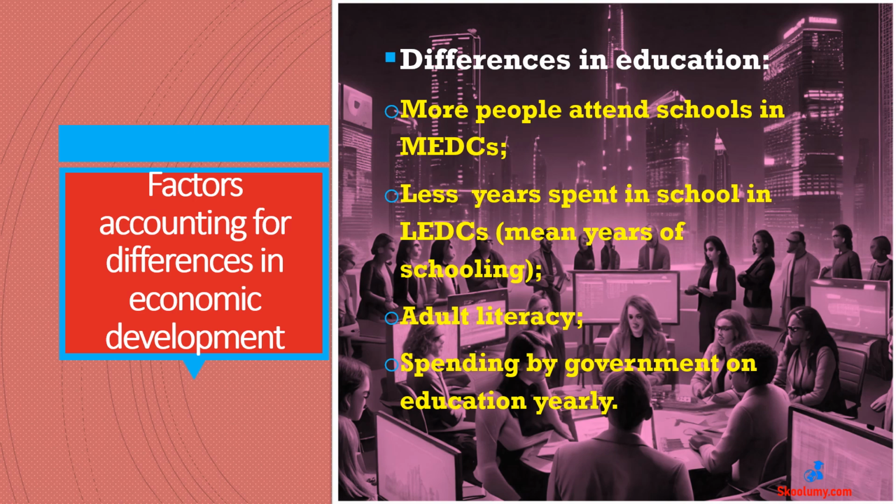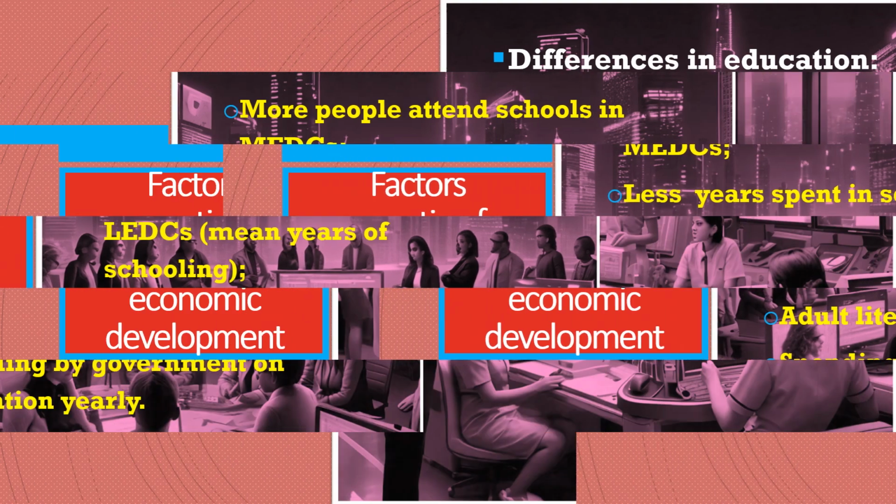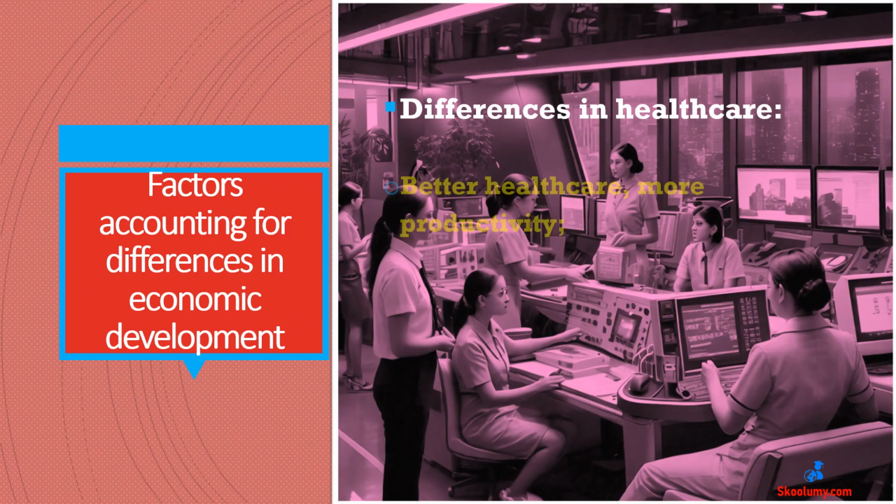For example, the adult literacy rate in the UK is almost 100%. This indicates that nearly all adults in the UK can read and write. Level of education impacts living standards. A low level of education means fewer skills to get a good income to improve a person's standard of living.